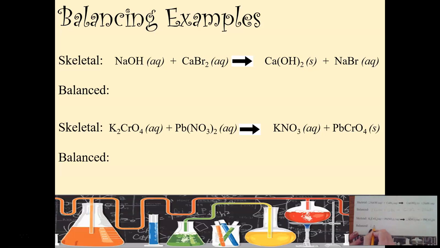Okay, 2 CrO4. Remember how I told you should always put parentheses around your polyatomic ions if you're in my class? Well, this is why. This is where it helps you out when you're balancing chemical equations. Oh, not B, Pb. Pb, lead chromate. Balanced.